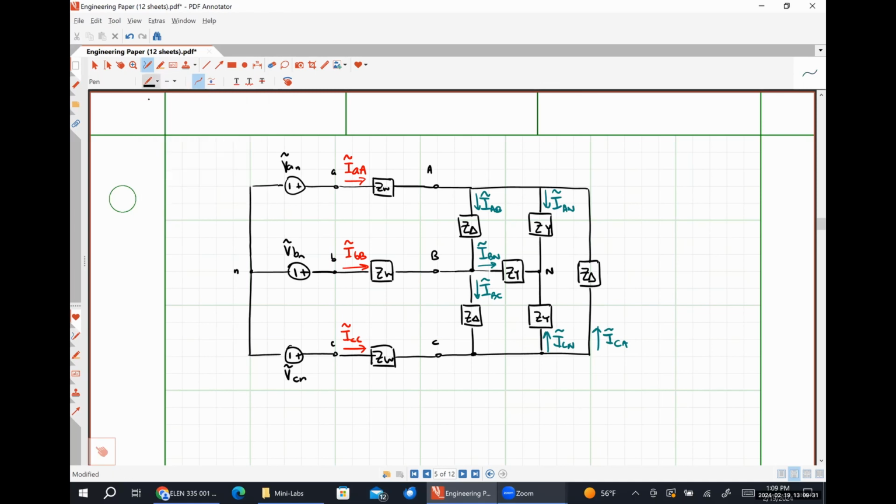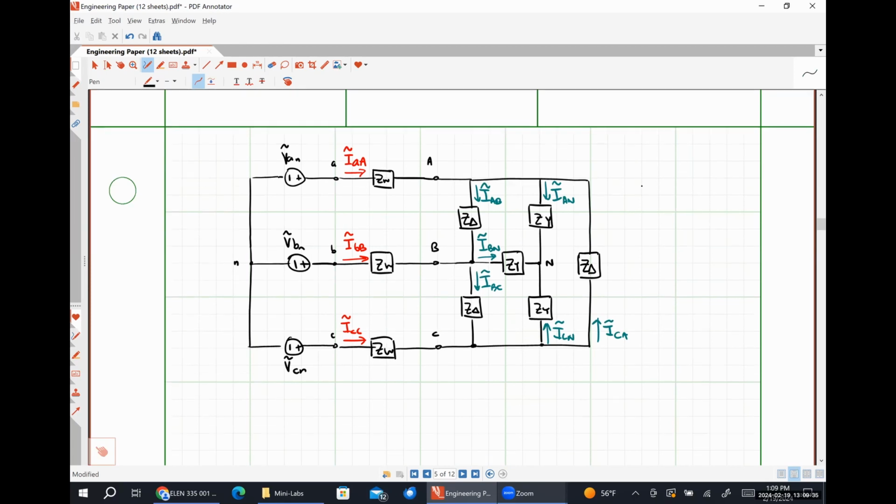Okay. So let me specify a few things for you all. Let's say that the voltage VAN is 120 angle 20 degrees volts RMS. Our transmission line impedance is 0.1 plus J 0.08 ohms.